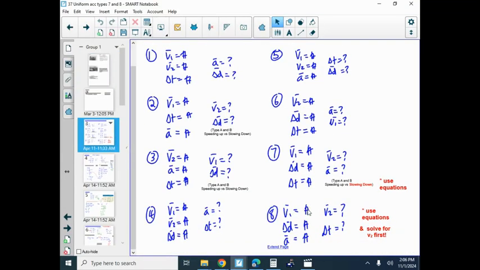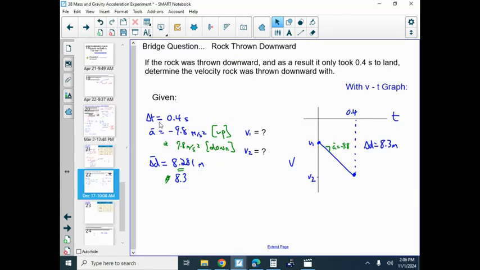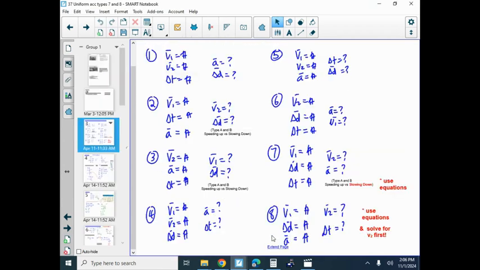I suspect it's a type 8. Displacement, acceleration, maybe we haven't done that one. Acceleration and time. Yeah, so I suppose this is like a type 9, but I think we can work our way through it, is what I'm going to try and show.